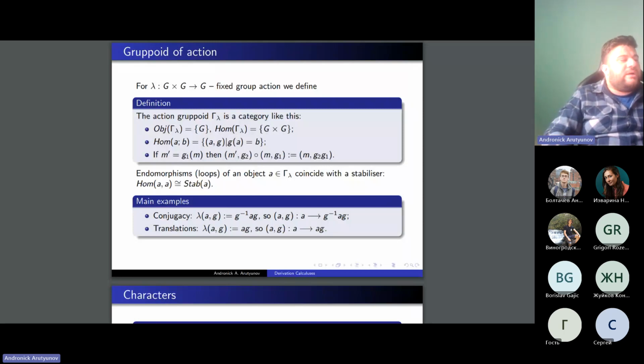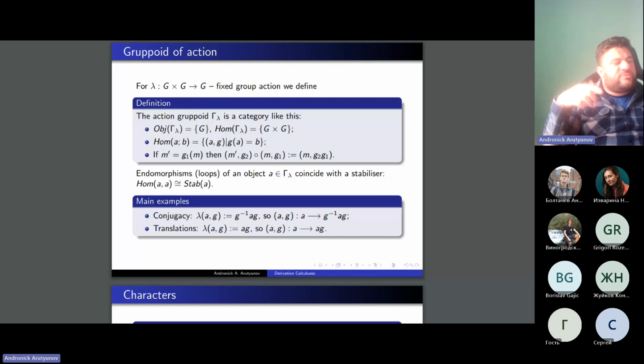So we can take compositions of these arrows in the common way. And the two main examples about which I'm going to talk are two very well known group actions for mathematicians: conjugacy and translations.